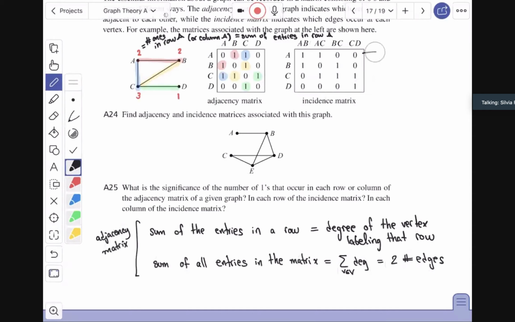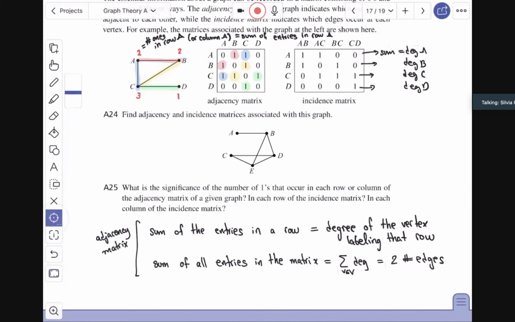So the sum equals the degree of A, degree of B, degree of C, degree of D, per row. Here per row you have the degrees, and here per column is just 2 because it's just the 2 vertices that form the edge.